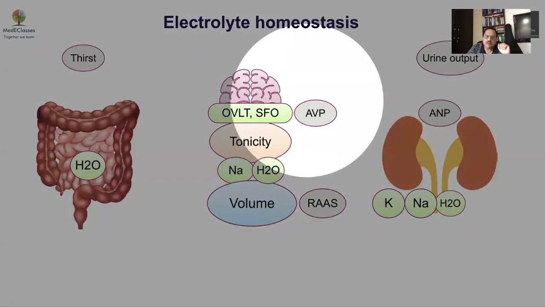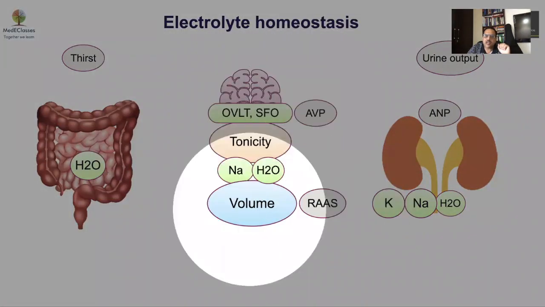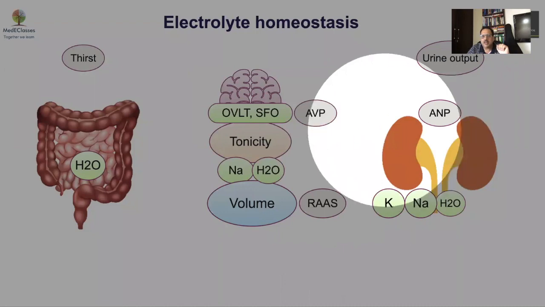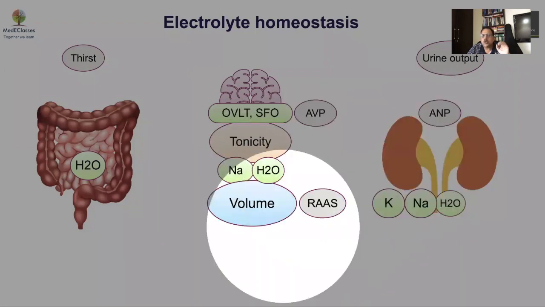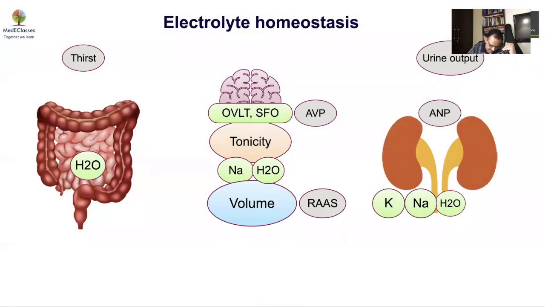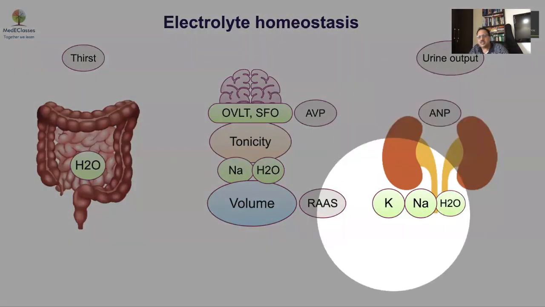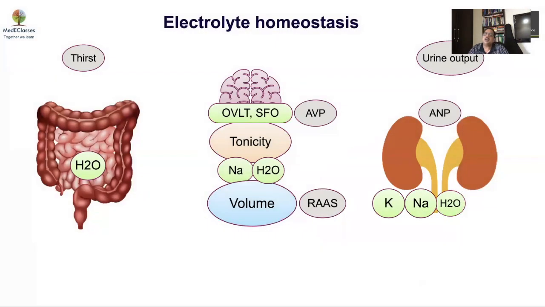AVP is largely for tone, RAAS is largely for volume, ANP is actually antagonistic of volume. What this tells us is that if we are having more RAAS activity, aldosterone excess, sodium goes high, you will then secrete this ANP, causing this natriuresis, and ultimately there will be no hypernatremia in that setting. So RAAS excess states are not associated with hypernatremia.